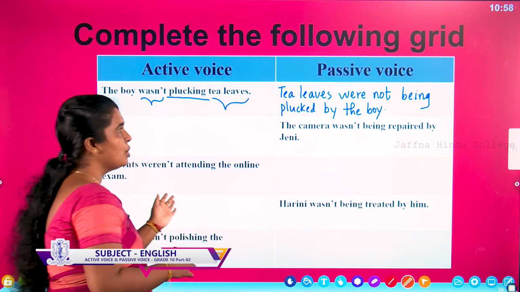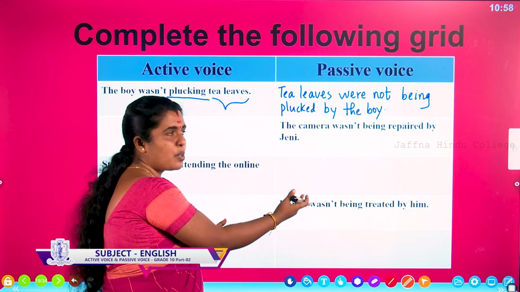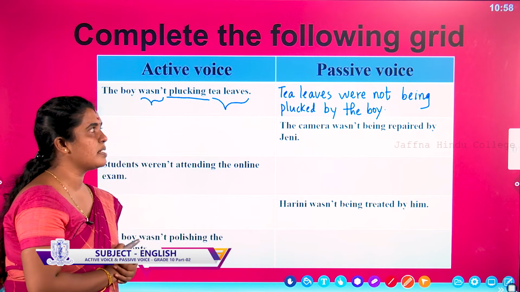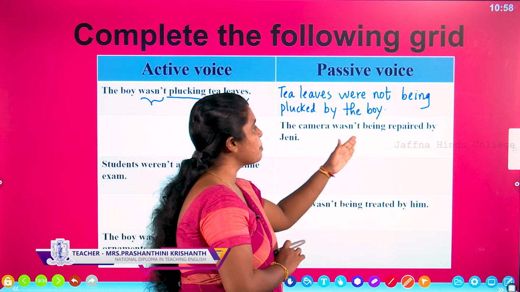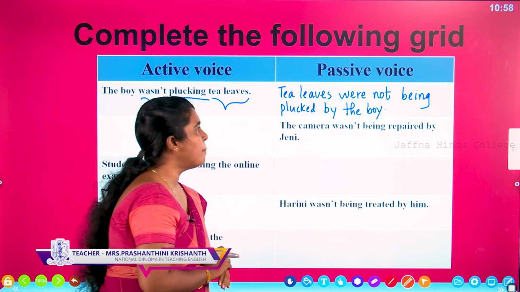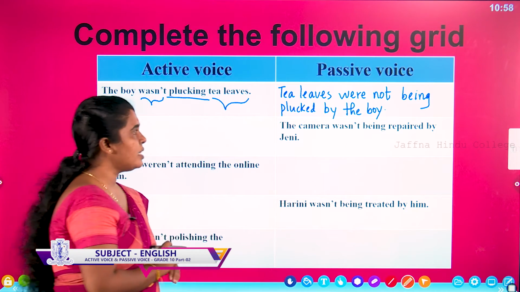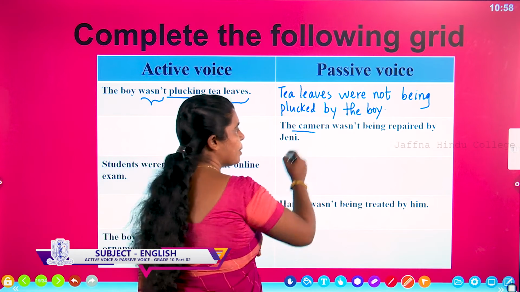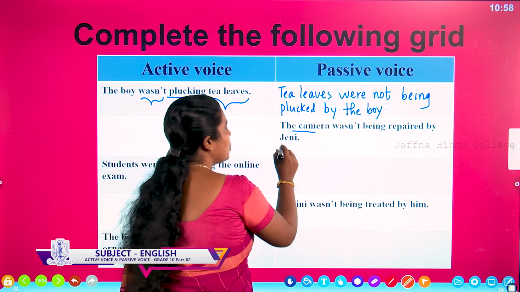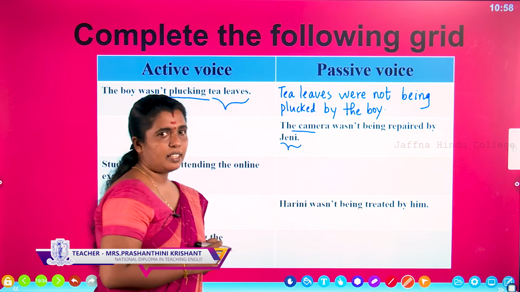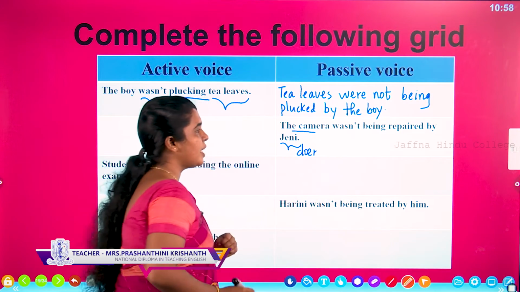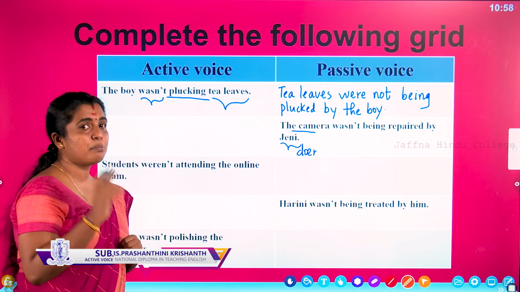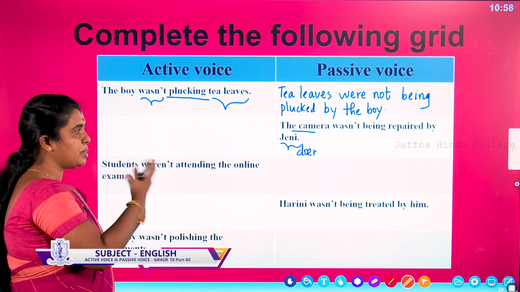Number 2, they have given passive voice. We are going to change that sentence into active, right? The camera wasn't being repaired by Jenny, right? So the object is camera, right? Who is the doer? Jenny, right? So Jenny is the doer here. So for the active voice, we must use subject first, right? So the subject Jenny.